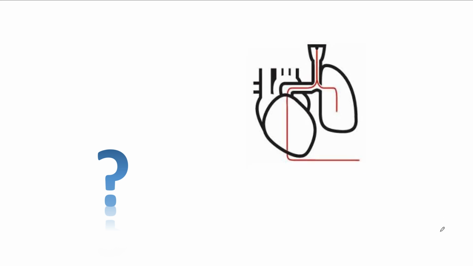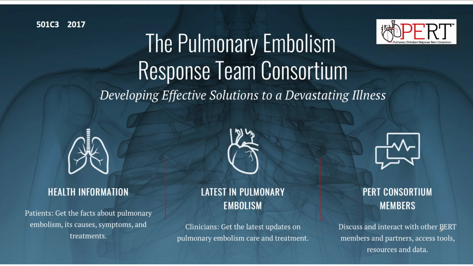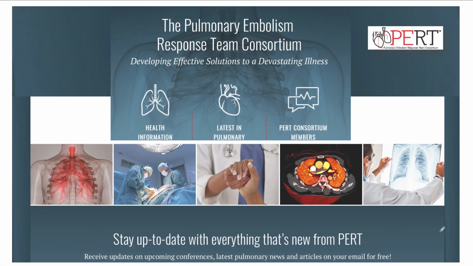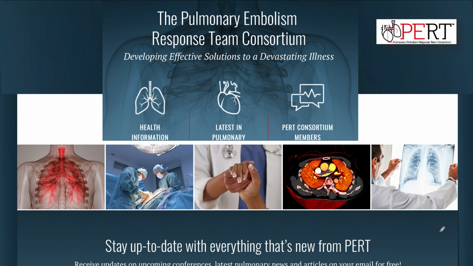This is why the PE response team is important. It's an organization that worked hard. It's a non-profit organization to bring multidisciplinary caring teams to discuss pulmonary embolism management, and it is really helpful to keep us up to date.